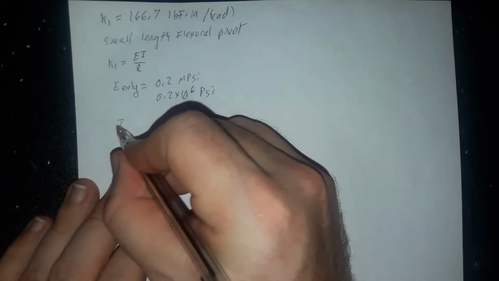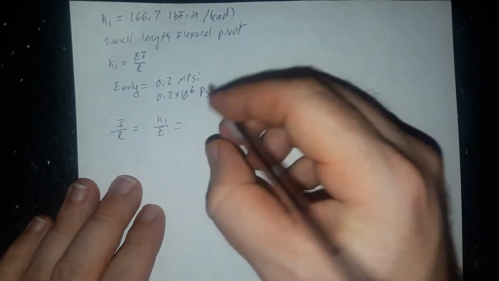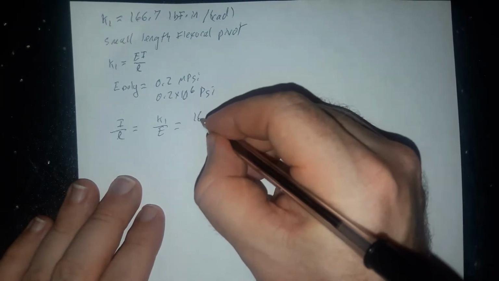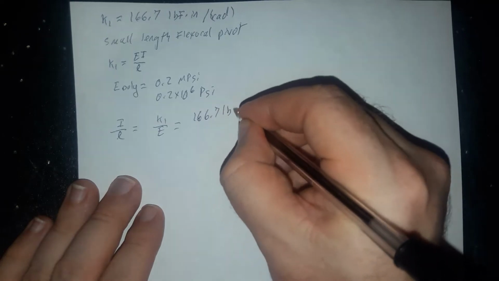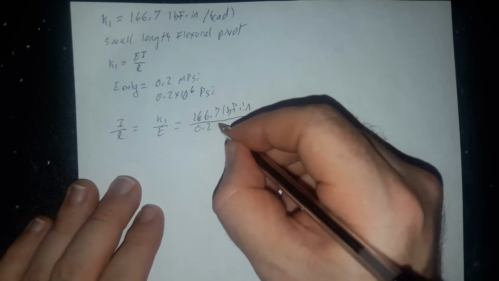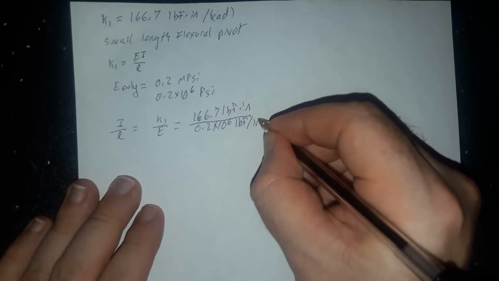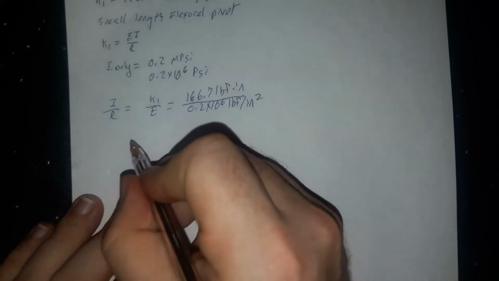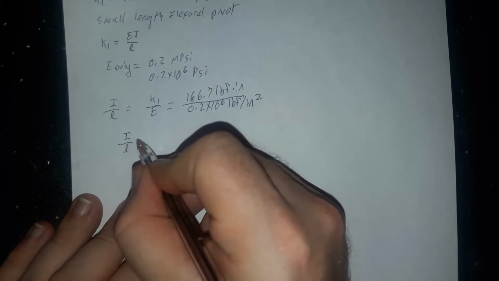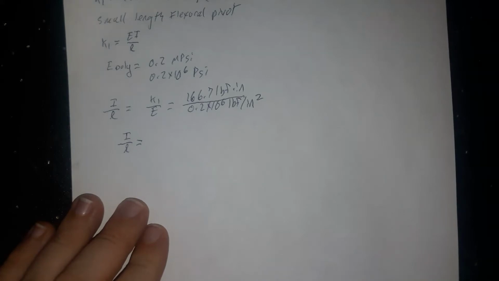Okay, and so what I can find then is I over L equals K1 over E. And since that's 166.7 pound-force inches divided by 0.2 times 10 to the 6 pounds force per inch squared, I find that I over L is equal to a very small number.